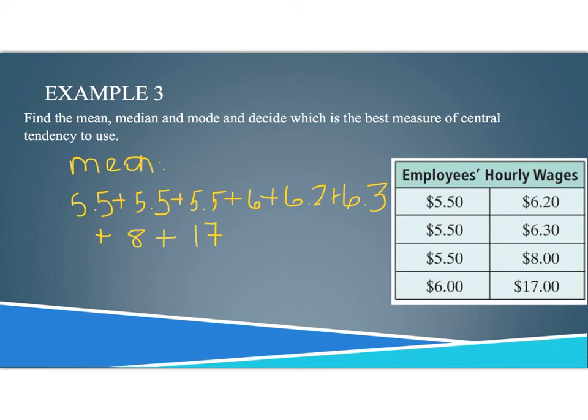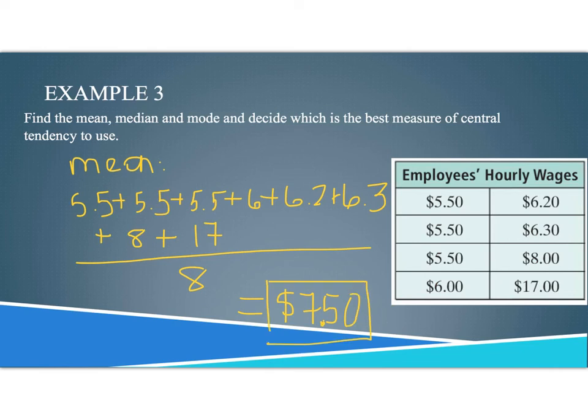We are going to add them all up, and then we are going to divide everything by, it looks like there's 8 data points. And when we calculate that, I get a mean of $7.50. There's a decimal right there.